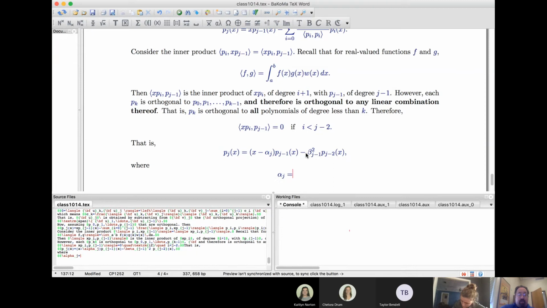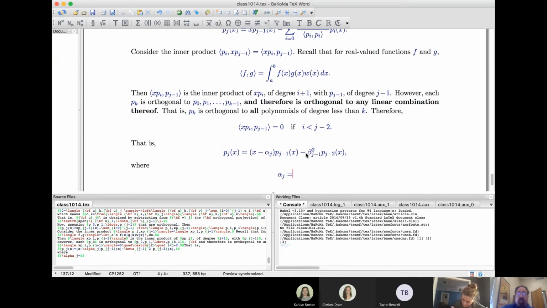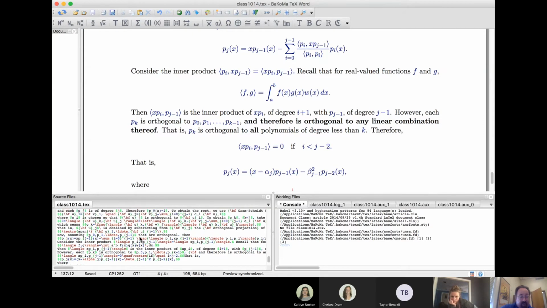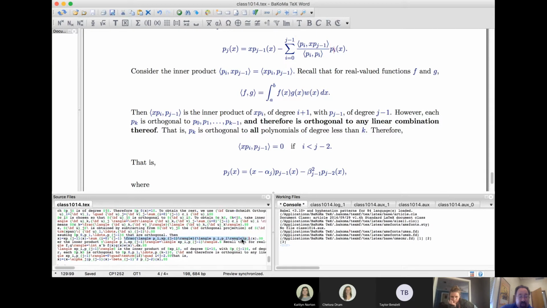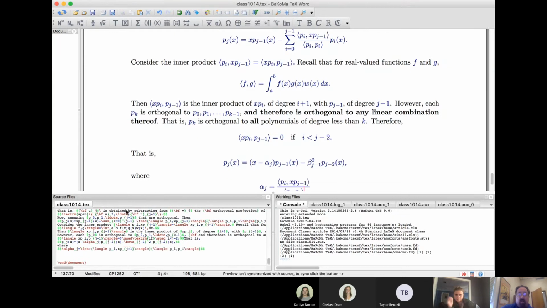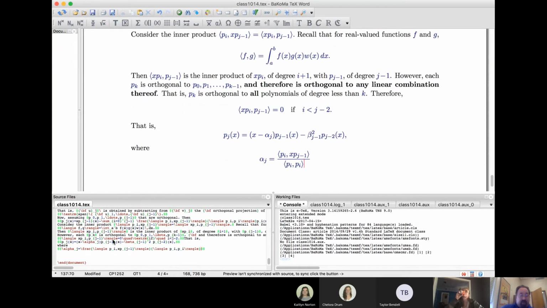alpha j is equal to, so we take this coefficient. For a case where I is equal to j minus 1, that's the alpha. Now I just need to find that number here. Okay, and for this case, I is equal to j minus 1, so I need to put that in here.